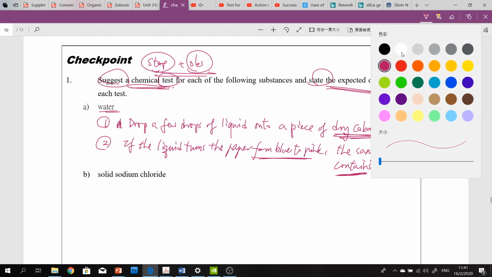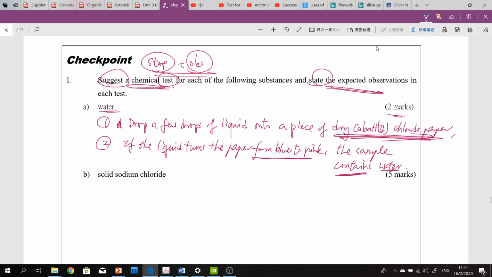For some people who love to write it down, it just must be water. The answer is no. Okay? So contains means that the substance may have some other materials blended into it. So that may be a mixture, for example, salt water.